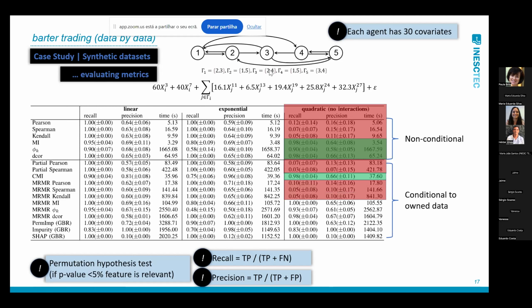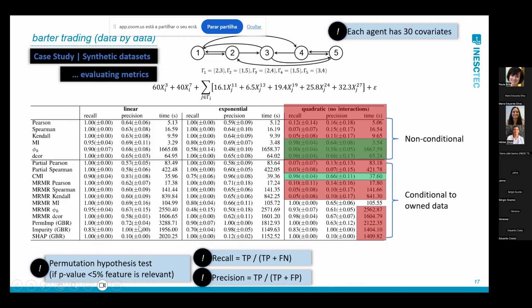Here, again, metrics based on Pearson and Spearman, like partial Pearson and partial Spearman, or maximum relevance, minimum redundancy, have poor performance, but we see that conditional mutual information is able to capture almost all the relevant features with a good precision as well, and reasonable computation time.